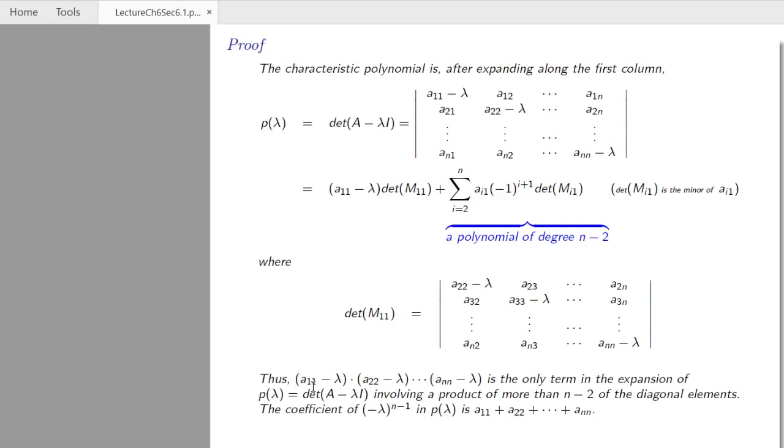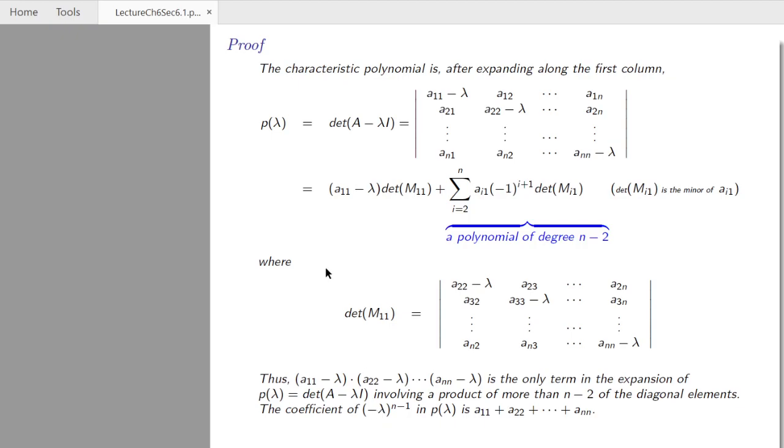So that term is A11. So A11 plus A22 plus up to ANN will be the coefficient for negative lambda to the power n minus 1. And we can also look at the coefficient of negative lambda to the power n minus 1 in an alternative way.